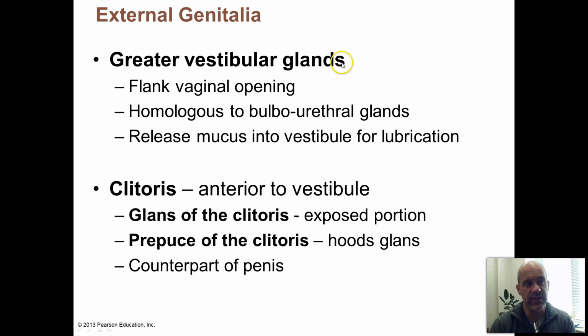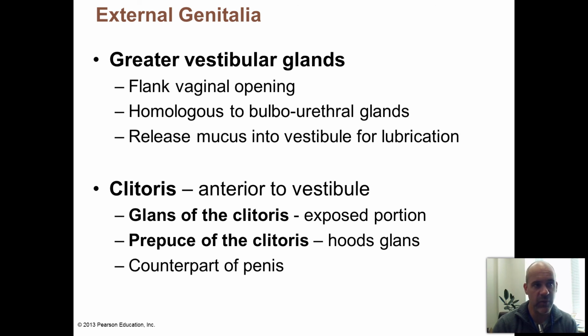Those greater vestibular glands, or vestibular glands, are analogous, or homologous, to the bulbourethral glands in a male. So in a female, these structures will develop into the vestibular glands. In a male, under the influence of testosterone, they're going to become the bulbourethral glands. They perform more or less the same functions.